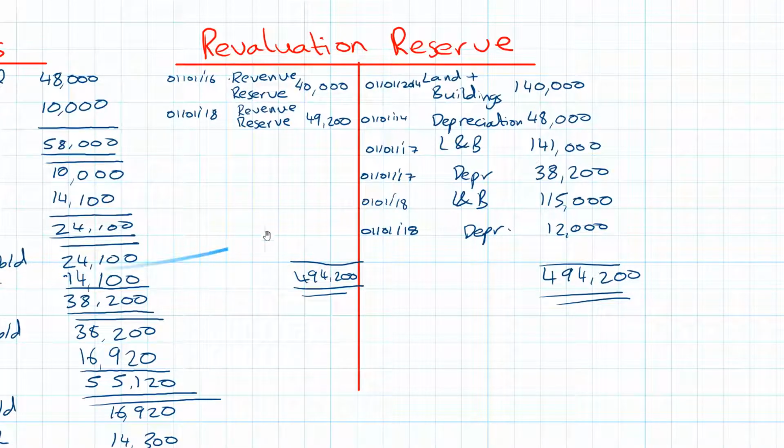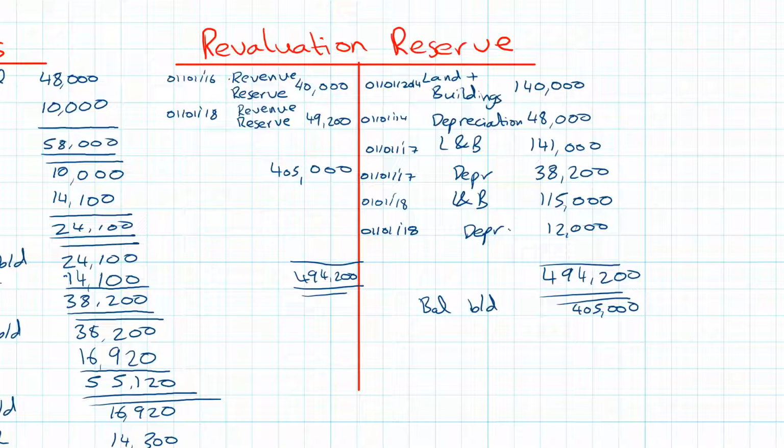But when we do include what we got rid of, we then get minus 405. So essentially our balance is 405,000.